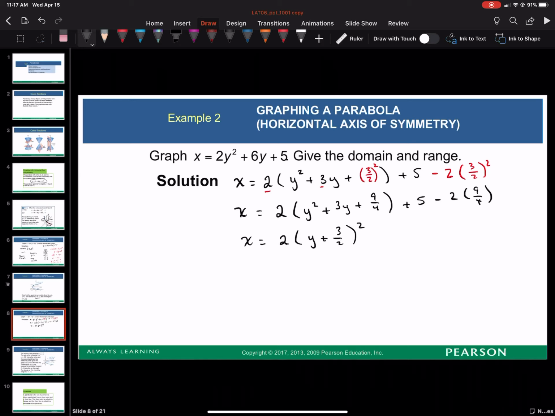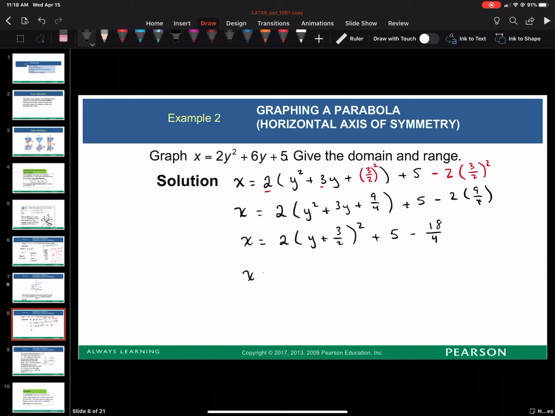And then this is going to be plus 5, then we're going to get minus 18 over 4. Now, I could have easily just made this 9 over 2. Easily, right? Because 18 over 4 reduces to 9 over 2. So let's go ahead and do this.